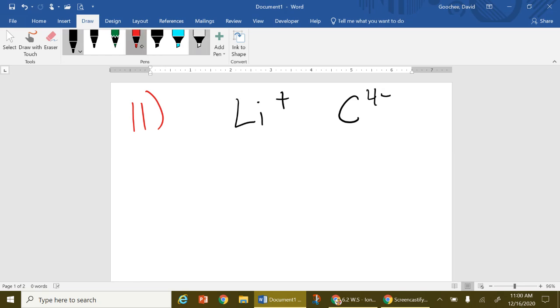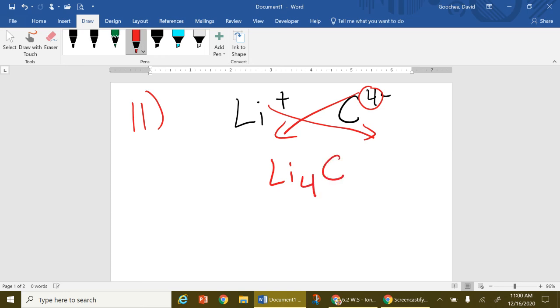Again, this lithium is a 1 plus charge, so that's how many carbons we're going to have. Just one. This carbon is a 4 minus charge, so that's the number of lithiums that we are going to have. It's Li4C. That is the formula for lithium carbide, Li4C.